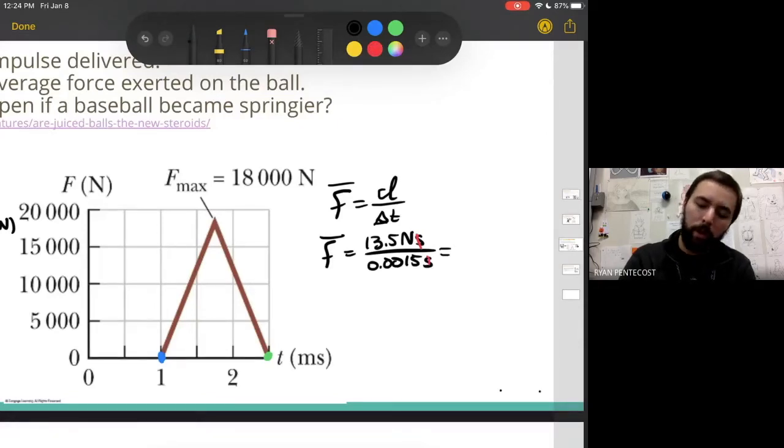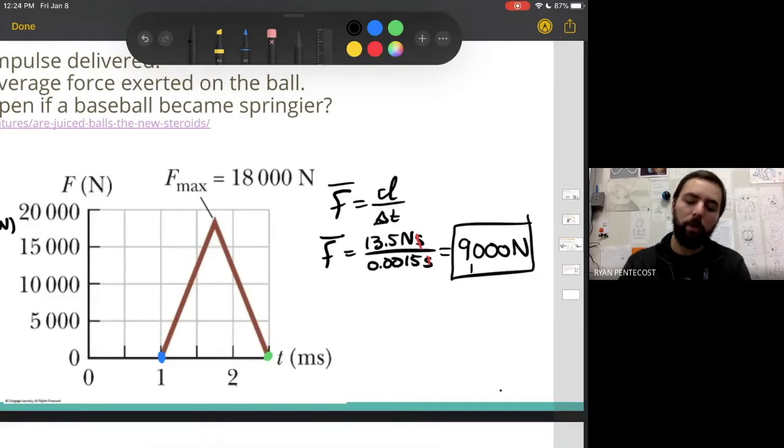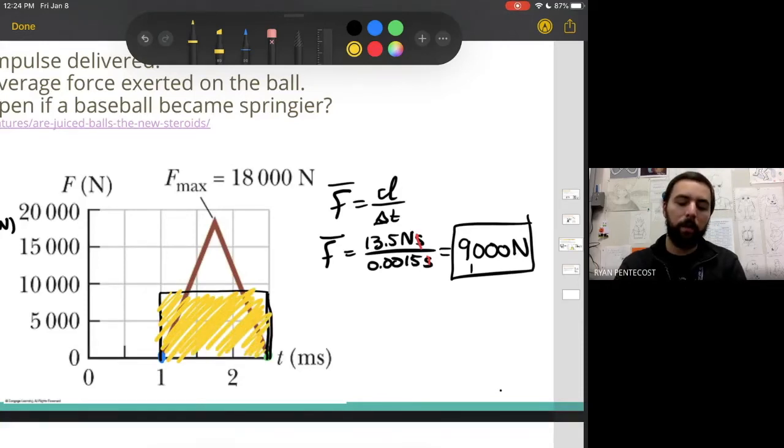And this will be 9,000 newtons on average over that 1.5 milliseconds. So you can see that that is significantly lower than the true maximum peak of the force. This is what we're really looking at when we look at average, saying that this is approximately the felt force over that period of time.